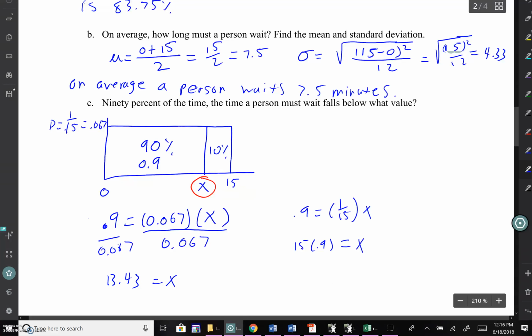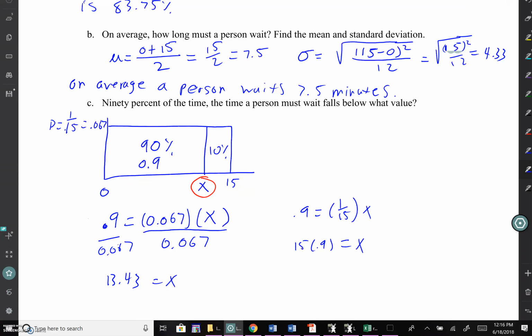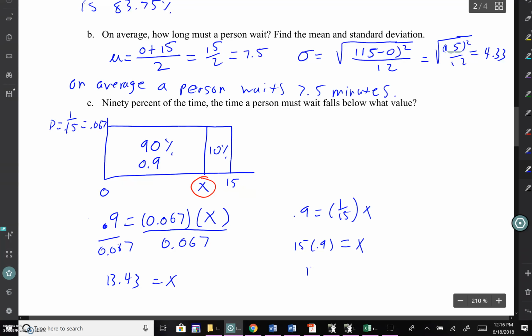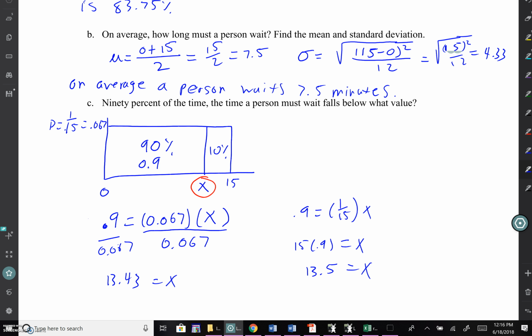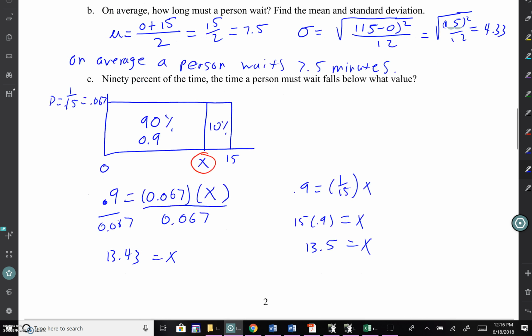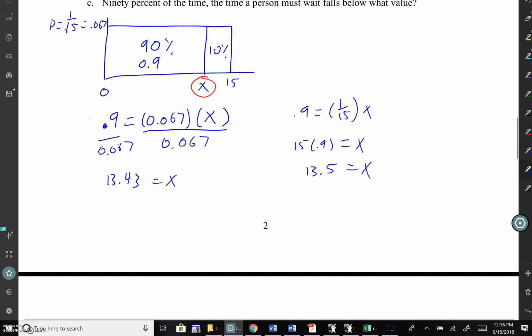It might be a little bit different due to rounding. What does that give you? 13.5? But either one should be fine. So it depends on whether you rounded to begin with or you're using the whole number. Either one I will accept.